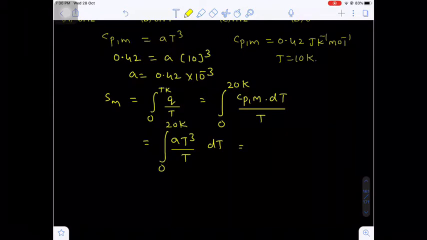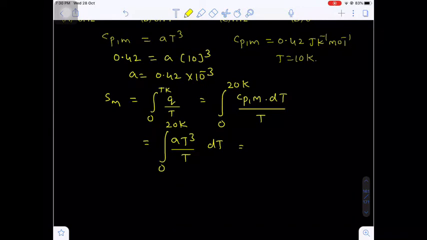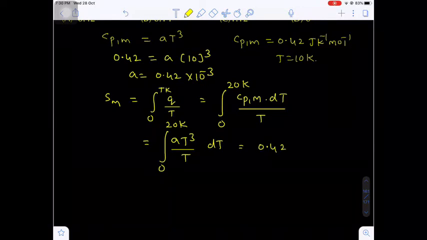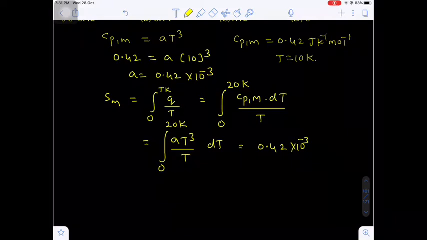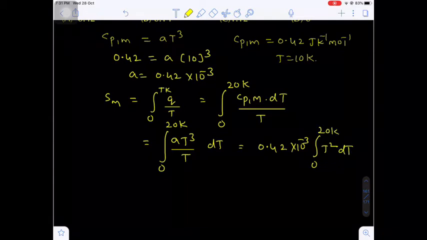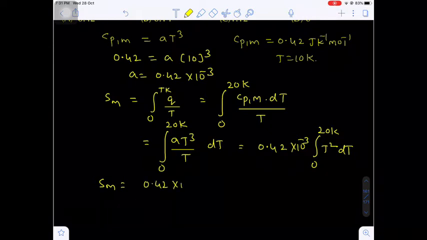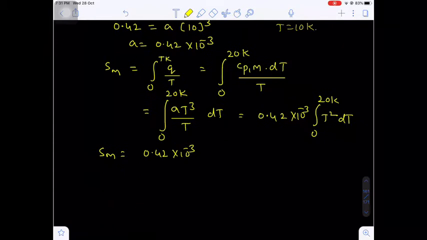A is a proportionality constant, so bring A outside, and we know the value of A, which is 0.42 into 10 raised to minus 3. Integral T cube by T is nothing but integral T square dT, with limits 0 to 20 Kelvin. Now, integral x square is equal to x cube by 3, so integral T square dT is equal to T cube by 3.